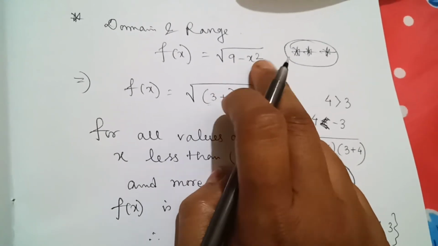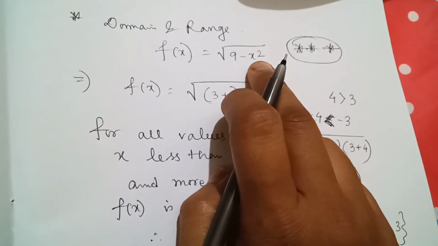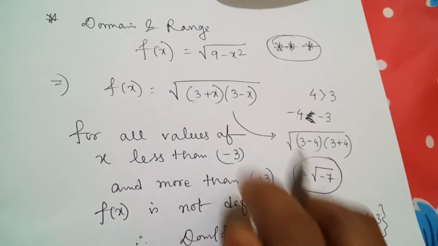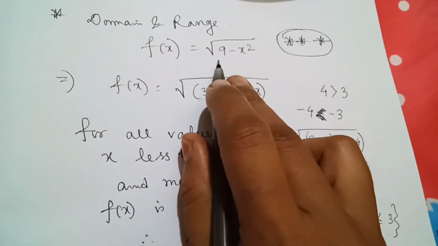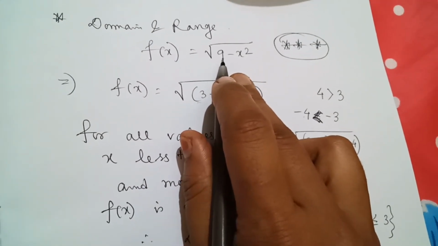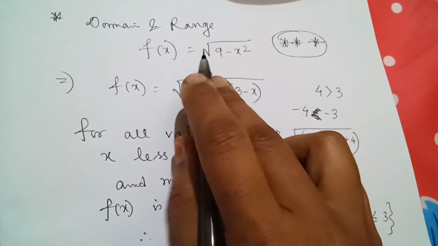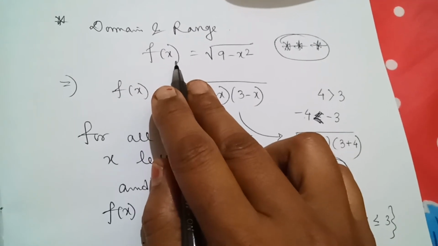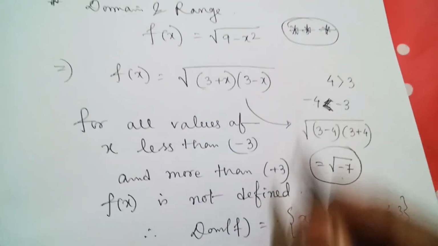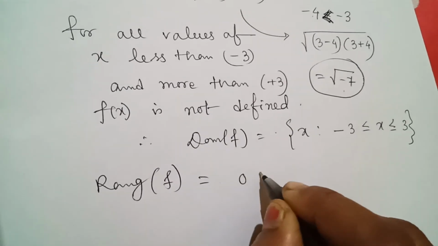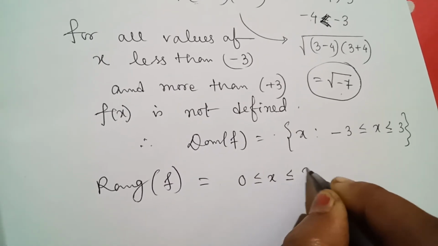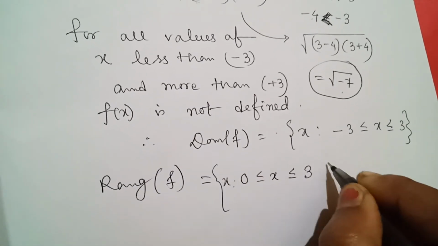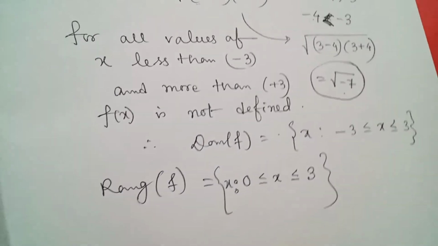Whatever we take in place of x between -3 and +3, it will never exceed 9 inside the root, that means f(x)'s value will never exceed 3. So it can be 0 less than or equal to f(x) less than or equal to 3. This will be the range.